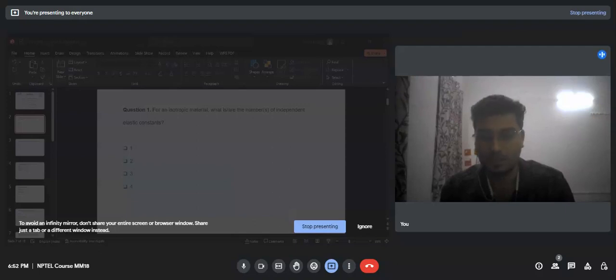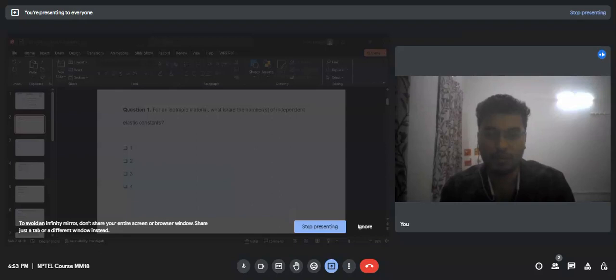So we know that pressure P is equal to sigma x, sigma y, sigma z, since we are applying it from all sides. So this is the change in the pressure, which is given as 10 megapascal.